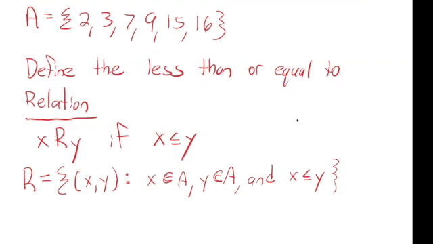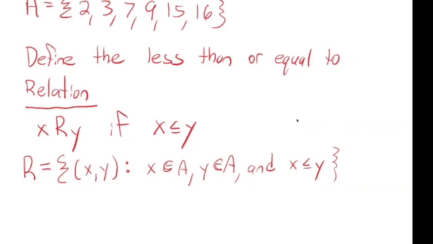And so now we're thinking about this as a relation from A onto itself. And this has the advantage of not having to write out every single element in here.